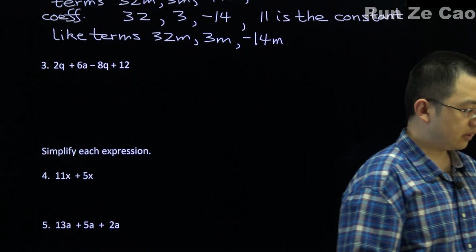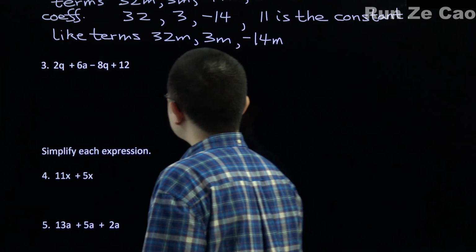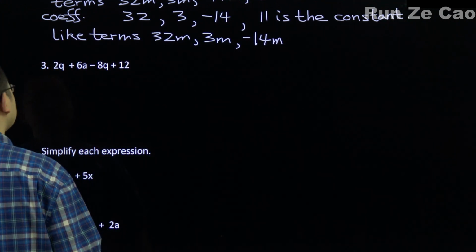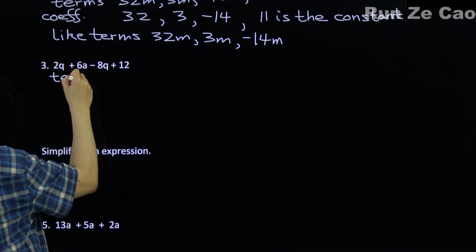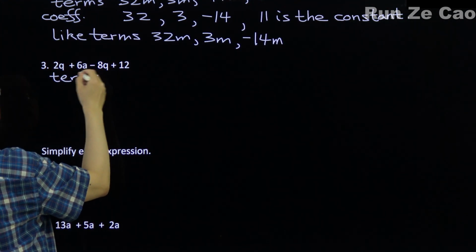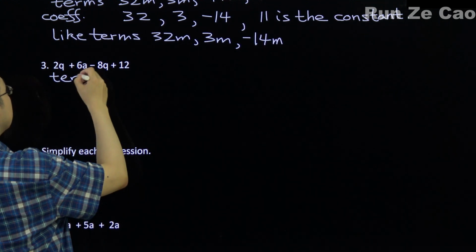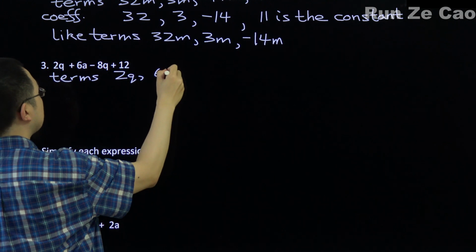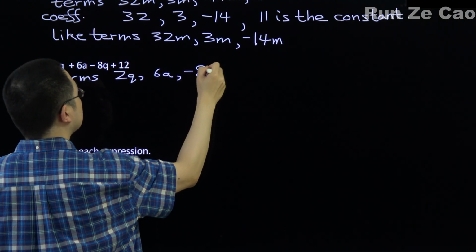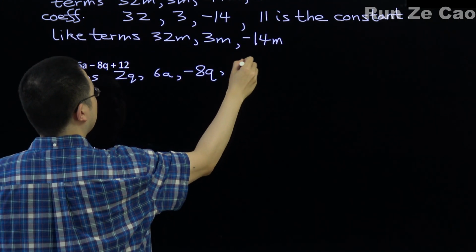Okay then, how about this algebraic expression? Oh, we got 2q and negative 8q, which are like terms. So the terms are 2q, 6a, negative 8q, and 12.